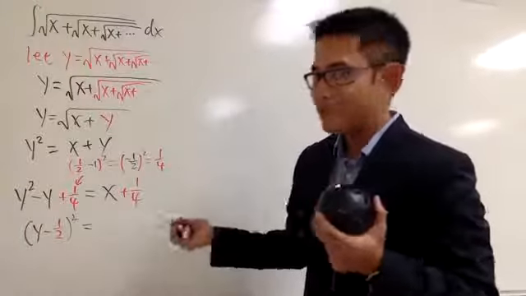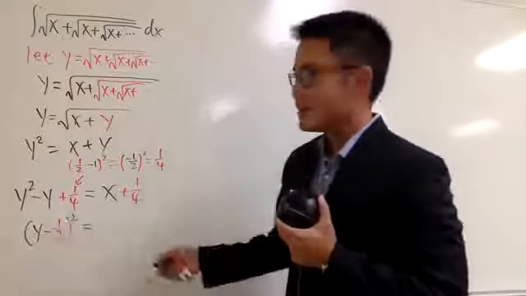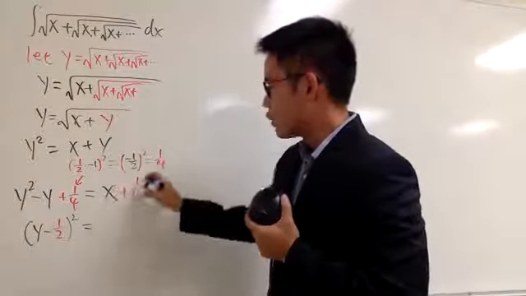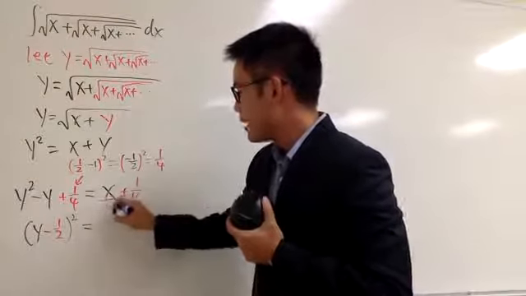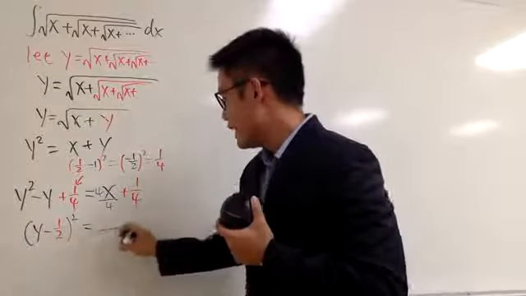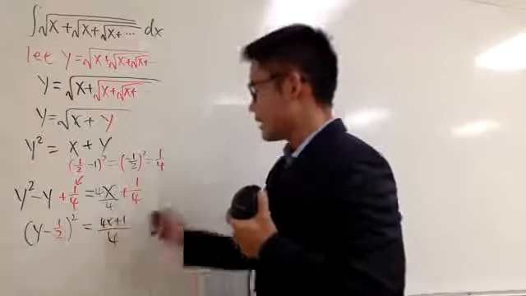But let's do some fraction business, okay? Because I have to take the square root on both sides later. Let's add this. So here we have x plus 1/4. Let me multiply this by 4 on the bottom and also 4 on the top. So in other words, altogether here, we have 4 and then 4x plus 1 on the top, like this.